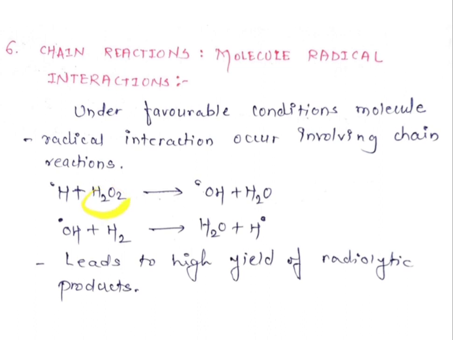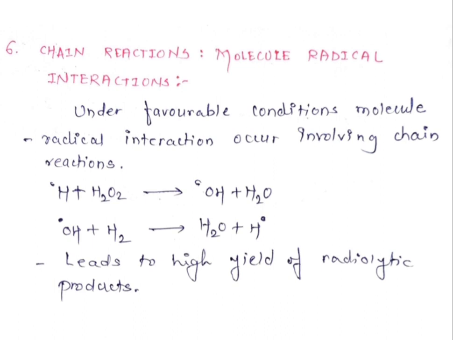Here H2O2 will undergo homolytic fission. There is a formation of OH radical and OH radical. One OH radical will combine with the H radical. There is a formation of water and the remaining one stays as it is. So this is the OH radical. Then this OH radical will participate in the next reaction, OH radical plus H2.